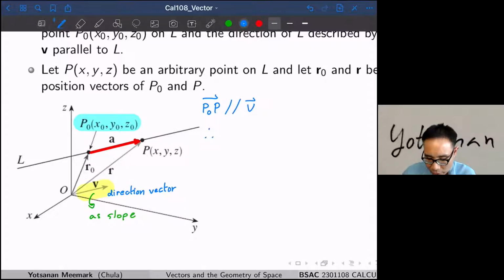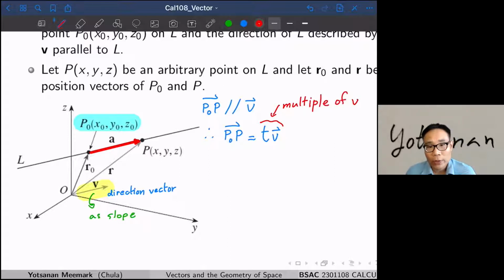I taught you last time that when two vectors are parallel, one is a multiple of the other, so P0P equals tv. This is used to determine the equation of the line, which is the relationship you use to find x, y, and z.